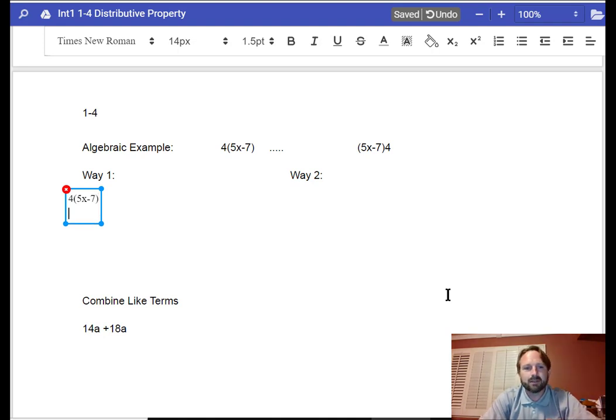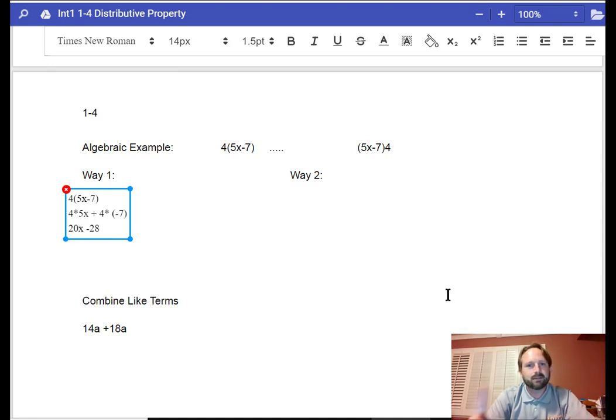So that means 4 times 5x, and then you have minus 4 times 7. Now, we could say it's plus 4 times negative 7, as long as we understand that we're going to be subtracting it. So that'd be 20x minus 28.